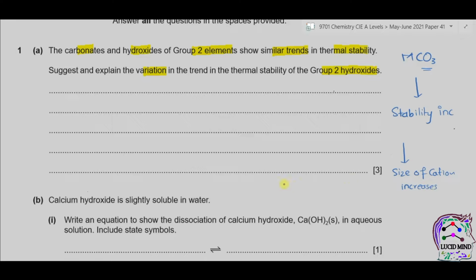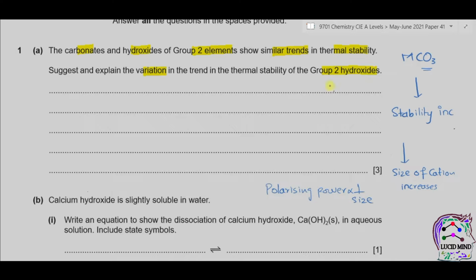Polarizing power depends on the size of the cation. Polarizing power is inversely proportional to size. The greater the polarizing power, the lower the thermal stability, because the anion is easily polarized by a greater polarizing power.